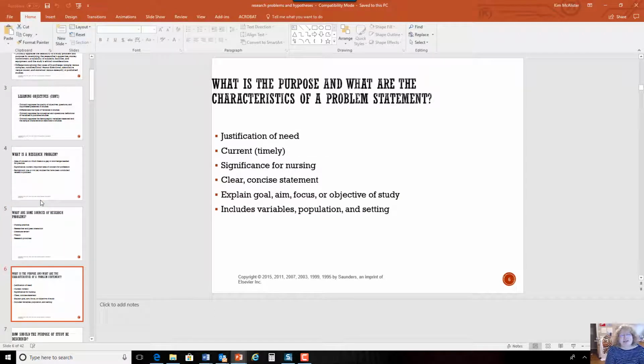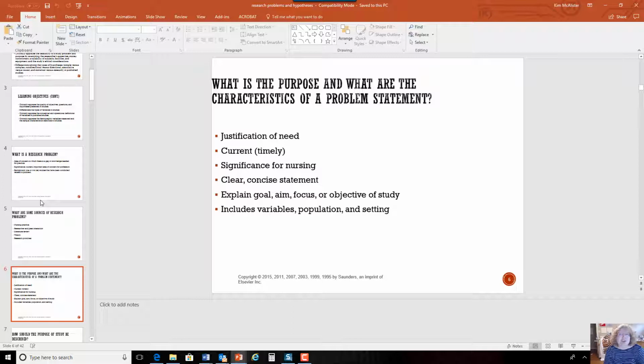So what is the purpose of the research and what is a characteristic of a problem statement? There's going to be some type of explanation for why there's a need. It could be a paragraph or a couple of paragraphs where they explain a particular problem or something that happened. You want to find something that is timely. It needs to be something that can be applied to other nurses in other situations.